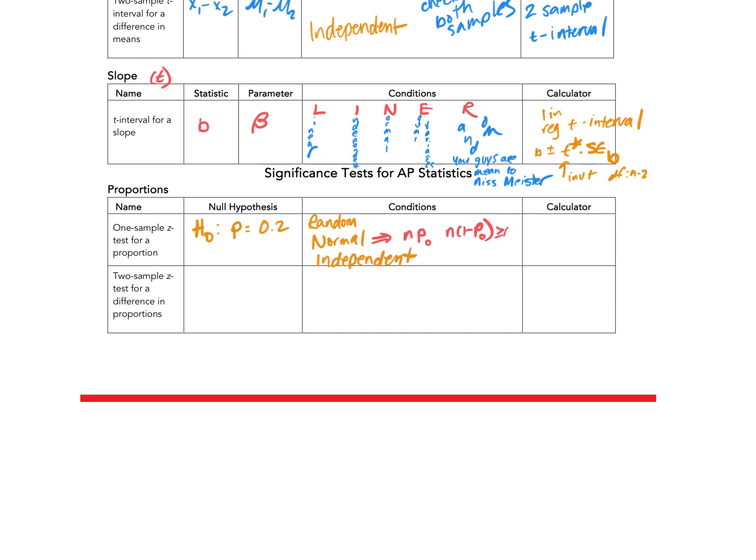Both of those values have to be greater than or equal to 10. Random and independent, always the same. So what's super annoying is the normal condition for anything having to do with p really depends on what you're doing with p, okay? Calculator or function, you would choose the one prop z-test.